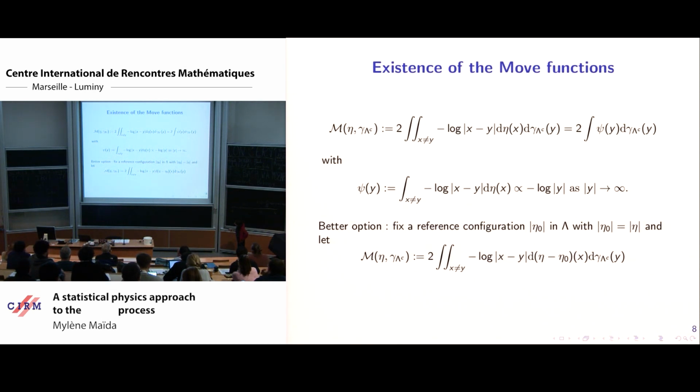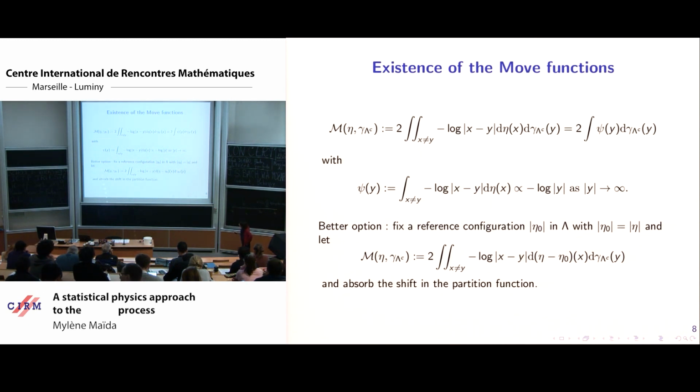So this is why it's called move function, because in fact it's not the cost of having the configuration eta, but it's the cost of moving the points from the reference configuration eta 0 to eta. Okay, so you put your points somewhere and then you move them. And this is much better. And why is it much better? So first this shift, you can absorb it in the partition function.